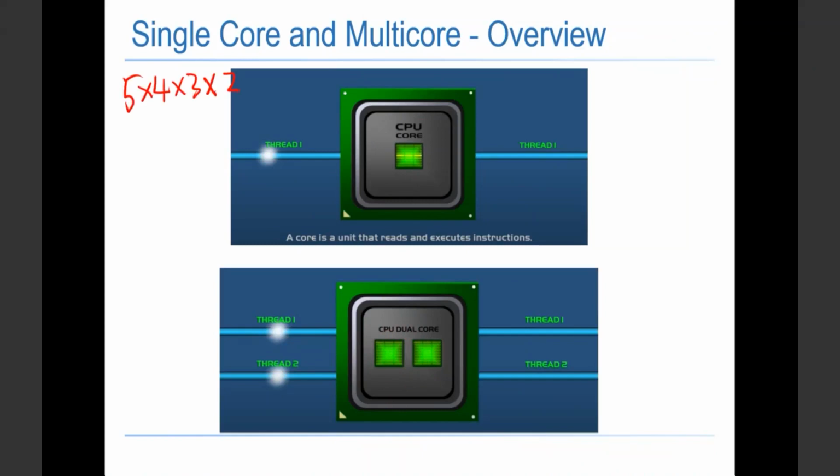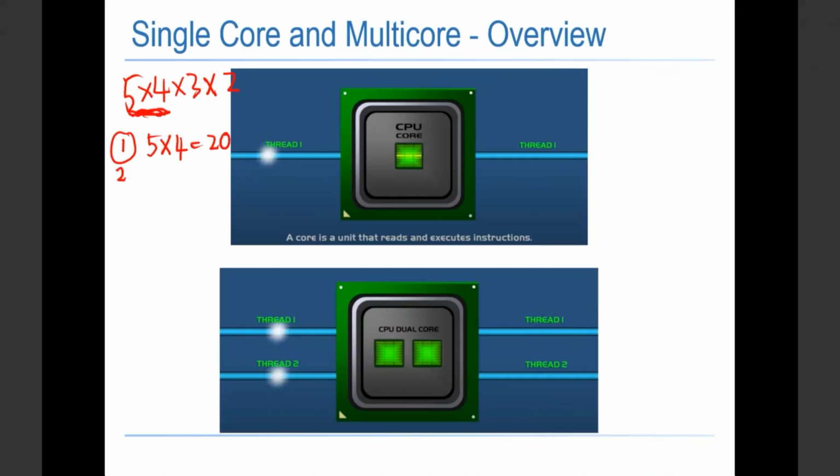For the single core, what happens here is, first, your CPU will do this multiplication first, which is 5 multiplied by 4, and then it will get the answer 20. So this is the first cycle.